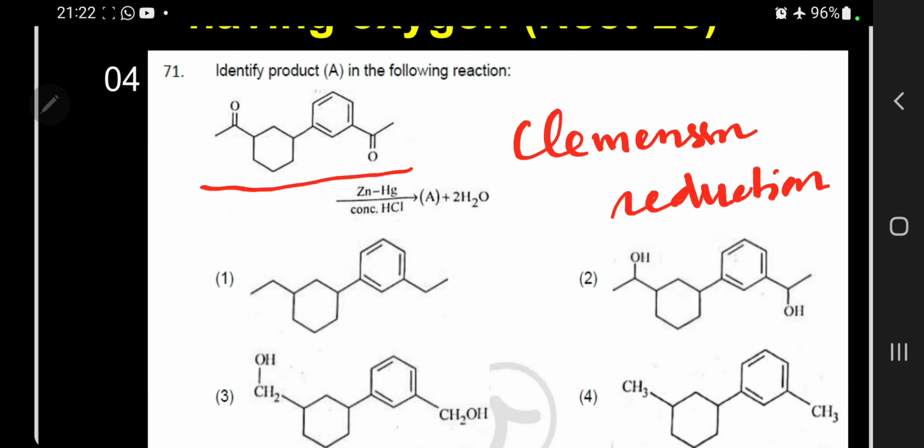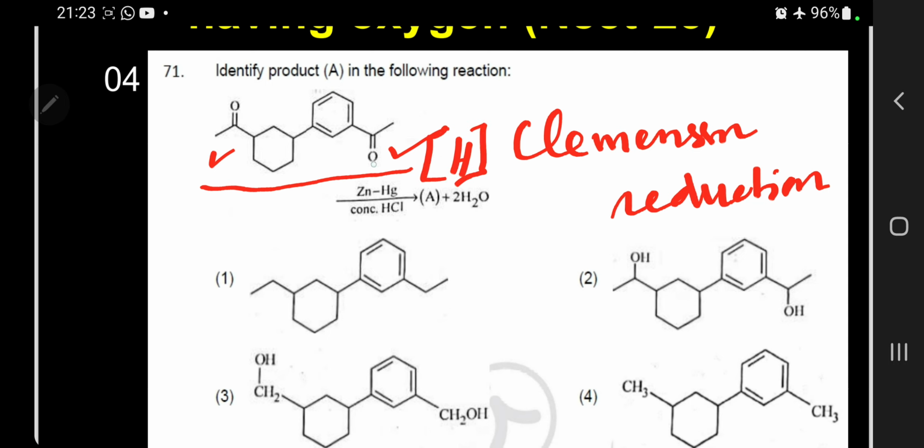So here, one side benzene ring, the corresponding acetyl group. The other side cyclohexane, the acetyl group. Both sides, when you treat with zinc amalgam HCl, nascent hydrogen will be produced.